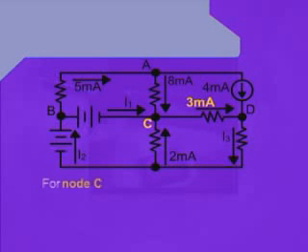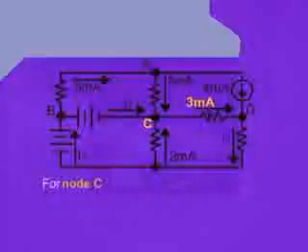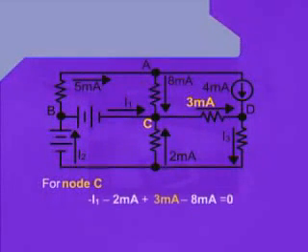Now for node C, we can see that there are 4 currents which are affecting the node C. I1 is approaching the node C, therefore we write minus I1. 2 milliampere is also approaching the node C, therefore minus 2 milliamperes. 3 milliamperes is leaving the node C, therefore we write plus 3 milliamperes.